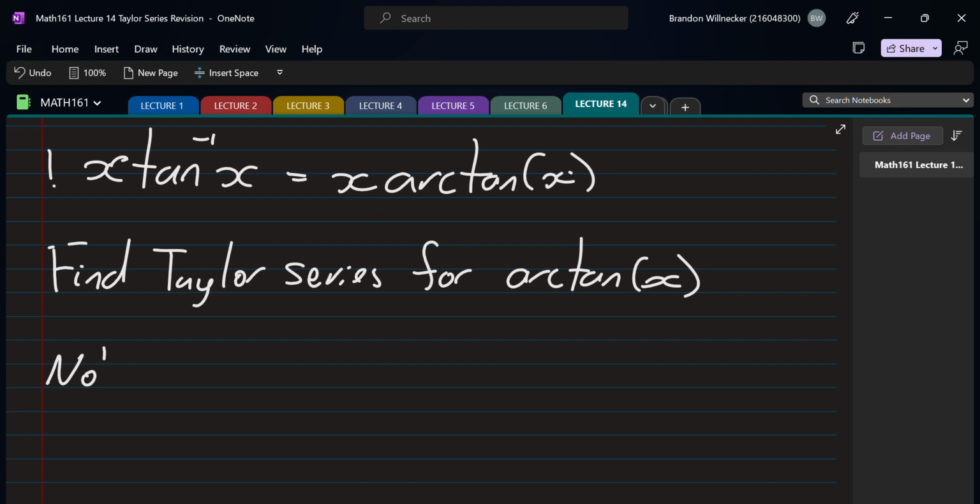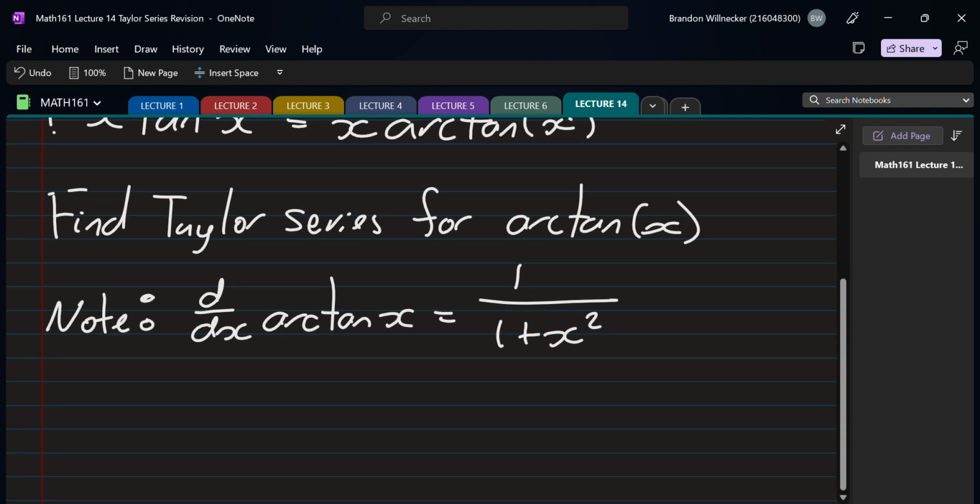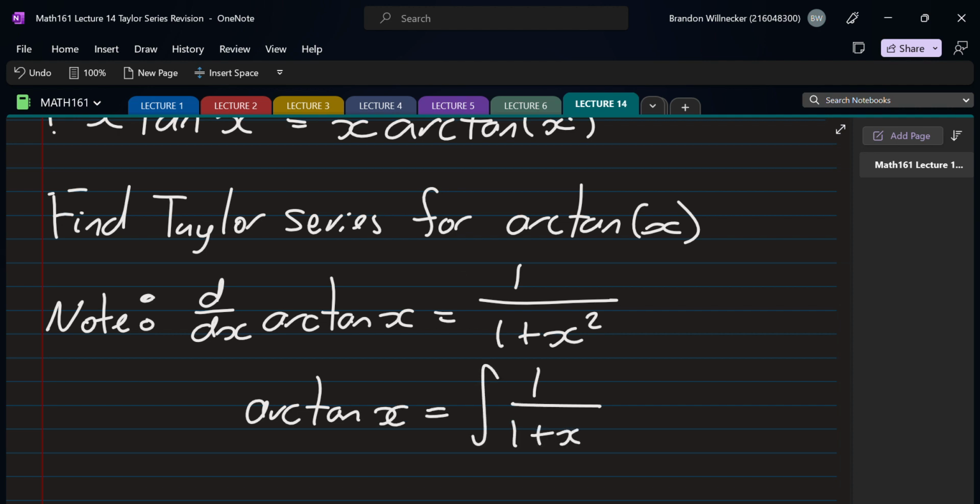So note that the derivative of arctan x equals 1 over 1 plus x squared. Okay, that's just something that you need to know with those antiderivatives. So if we integrate both sides, then we get back to arctan. Okay, so it's just undoing that derivative.